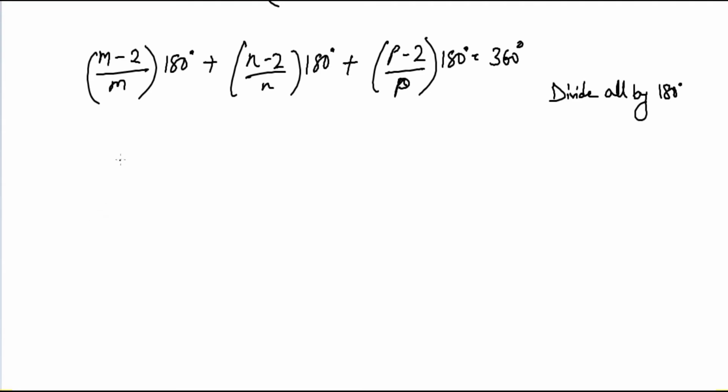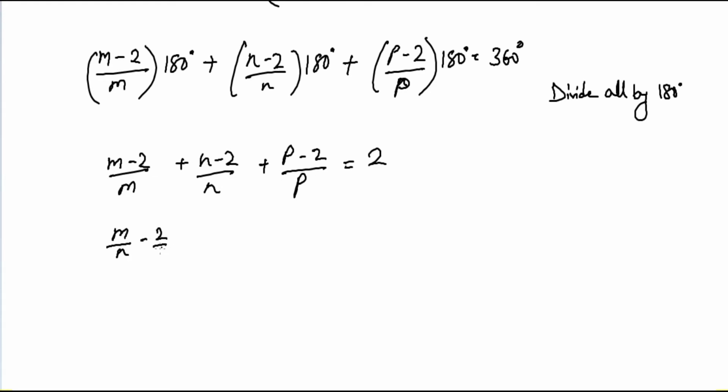So what do we get? (m minus 2) by m plus (n minus 2) by n plus (p minus 2) by p equals 2. Now what else can we do? We can separate it, writing m by m minus 2 by m, and so on for n and p, equals 2.